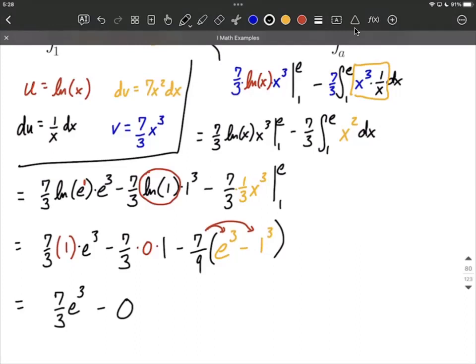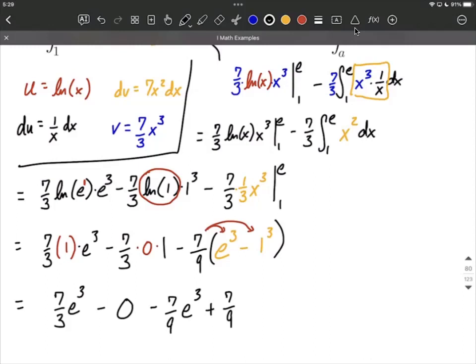So that's going to make it minus 7/9 e to the third power. But then 1 cubed is going to be a positive 1 in there. So we have negative 7/9 times negative 1 is going to be plus 7/9. Now you may notice that we're going to ignore the 0 in the middle. Doesn't really affect our solution.